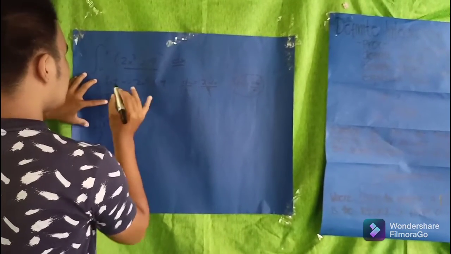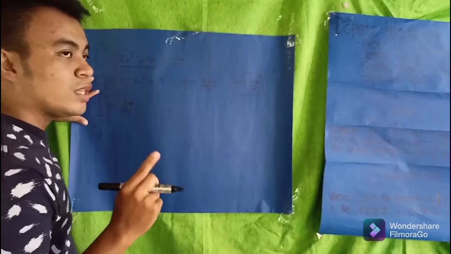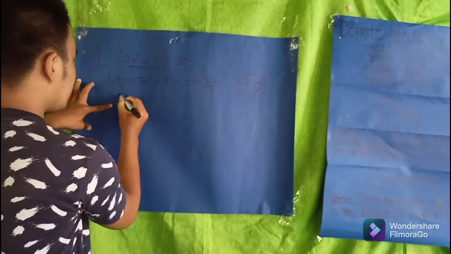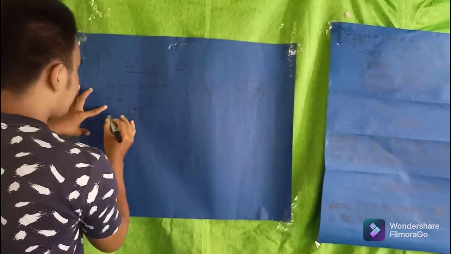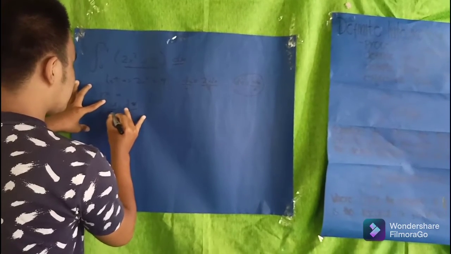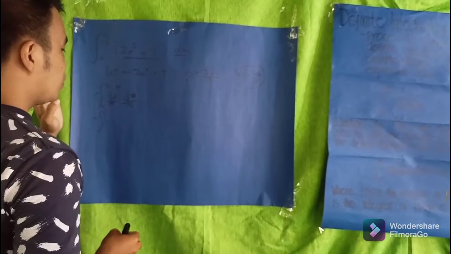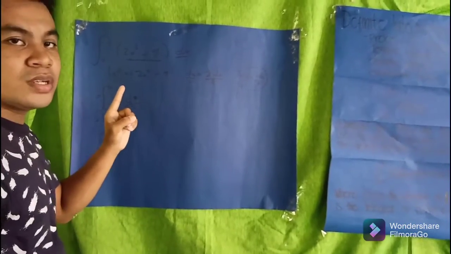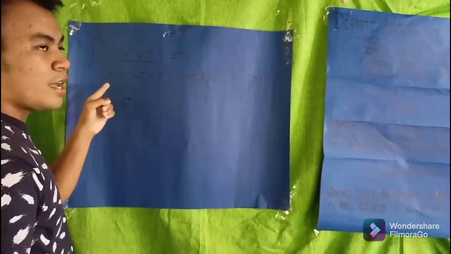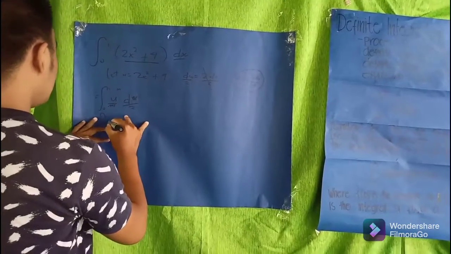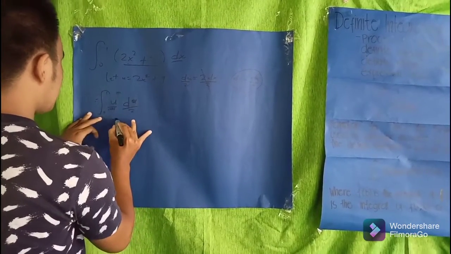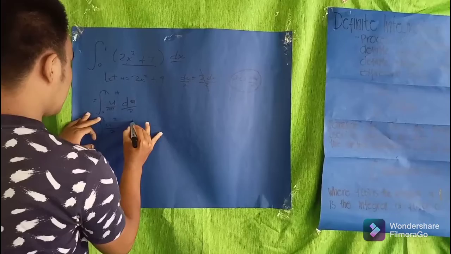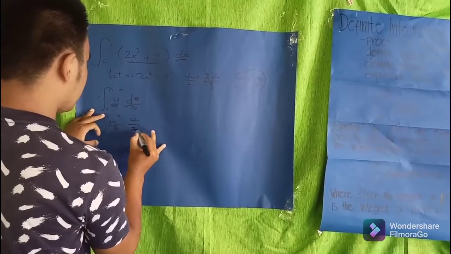So u, there's always an exponent 1. So we will add 1, and then the denominator will be n plus 1. To simplify the denominator, you will just copy the answer of the exponent. So u, 1 plus 1 is equal to 2, over 2, du over 2.